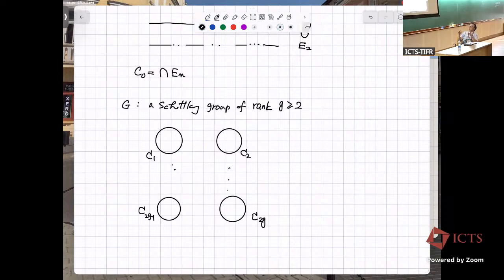We take a loxodromic Möbius transformation gamma 1 which sends the outside of the circle C1 to the inside of C2.